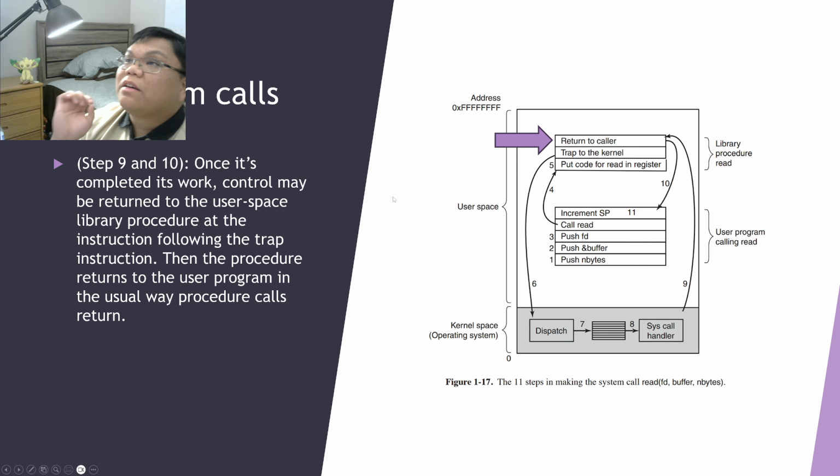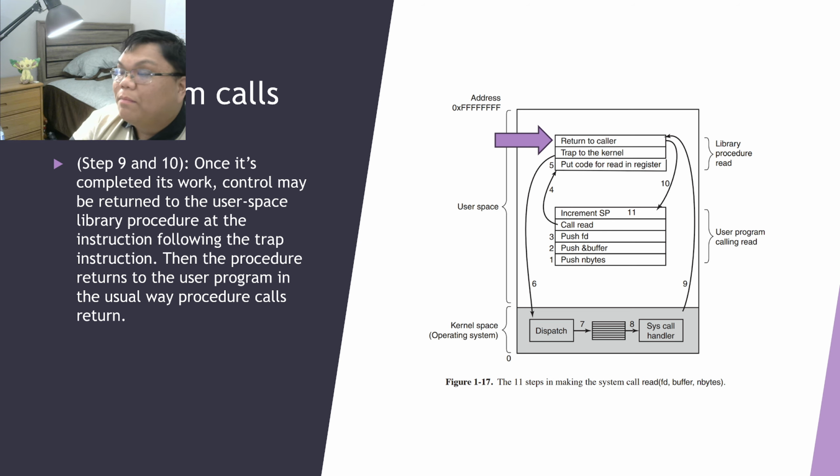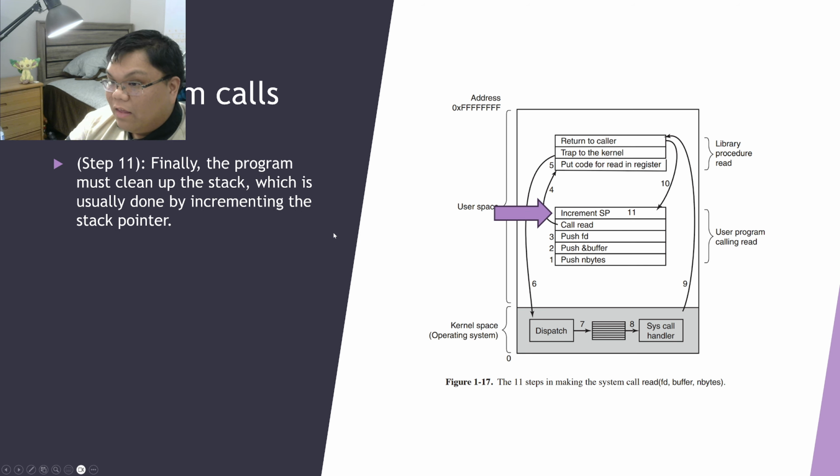So when we call a function, it's added to the stack to keep track of where we are in the program. We do that thing, and then we return from that function, and then we pop that function from the stack. So step 11: we clean up the stack, and that's usually done by incrementing the stack pointer.